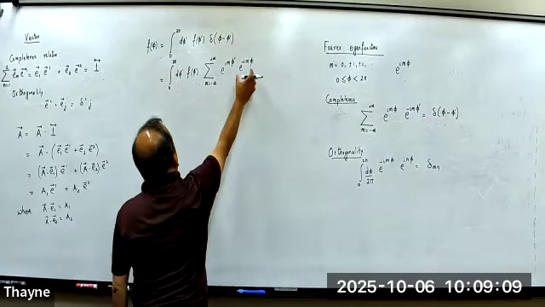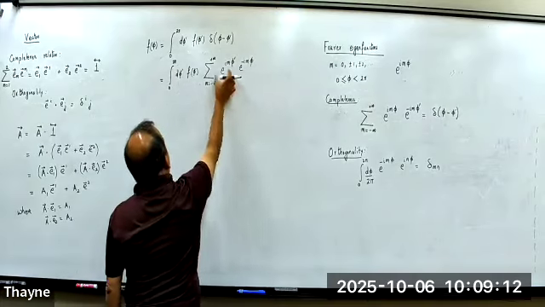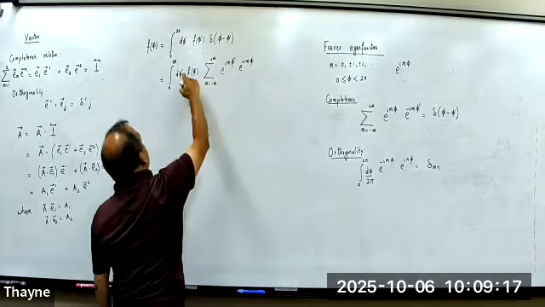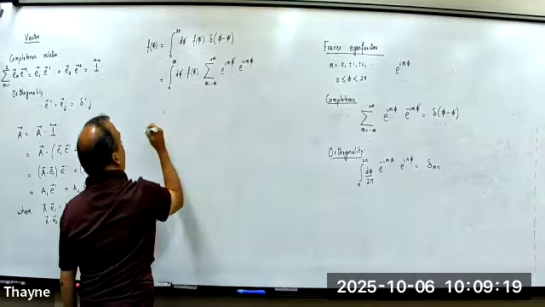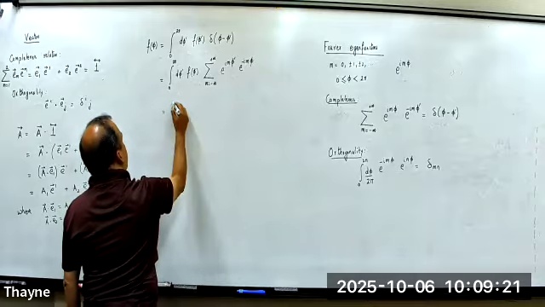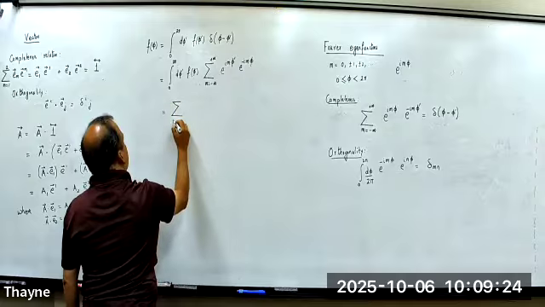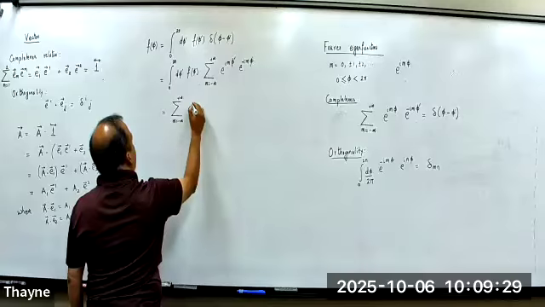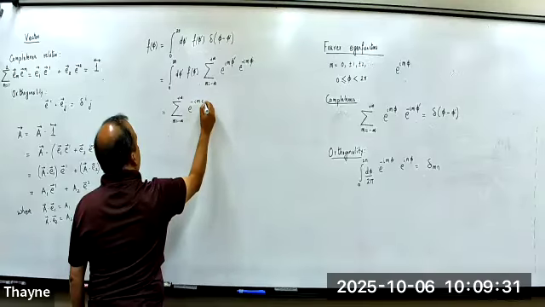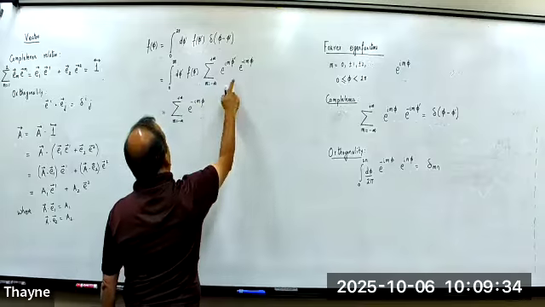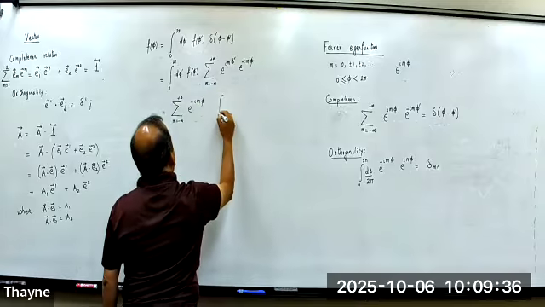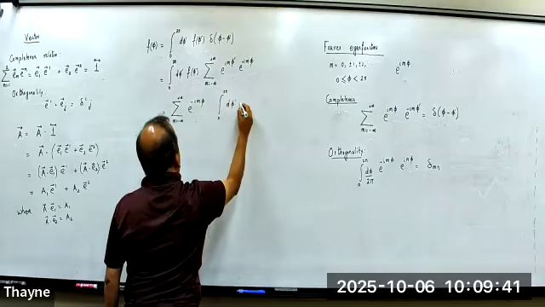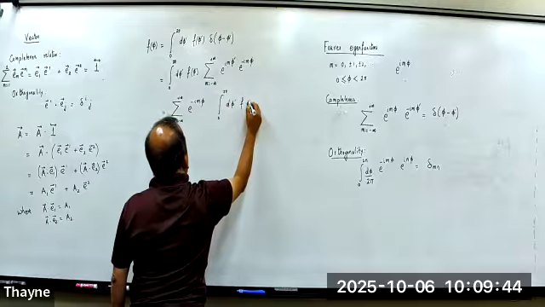So we keep the phi here. This phi can come out of the integral. This cannot come out because there is an integral here. This phi is independent of this phi prime, right? So I can take the summation all the way out, m equal to minus infinity to plus infinity, and e raised to minus i m phi. So that's done, and whatever is remaining is your 0 to 2 pi d phi prime f of phi prime.